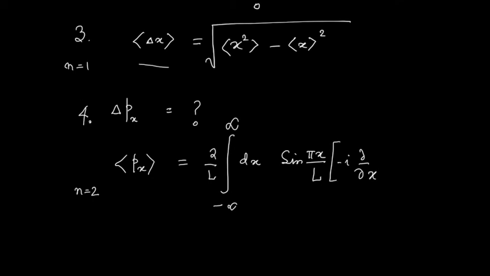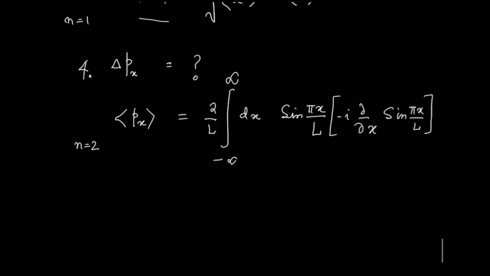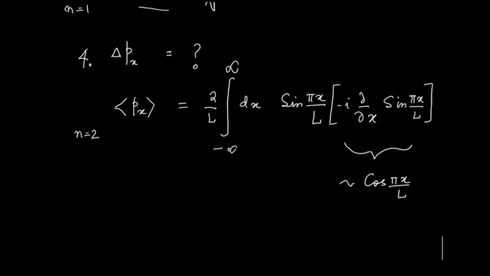So now for the momentum operator, I have this, which is operating on sine pi x by L. This will give me cos of pi x by L, and everything else is a constant.